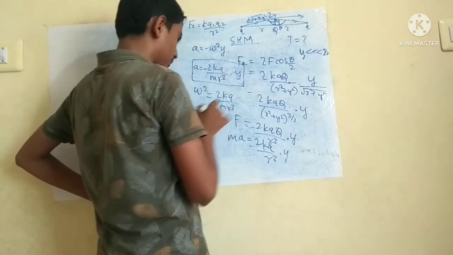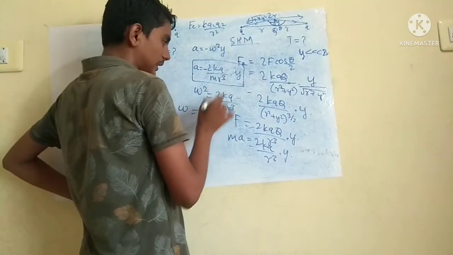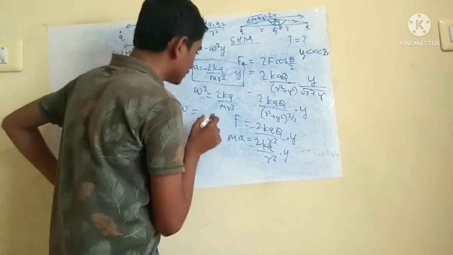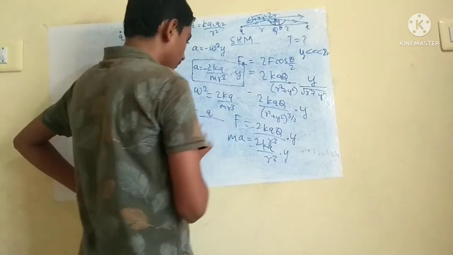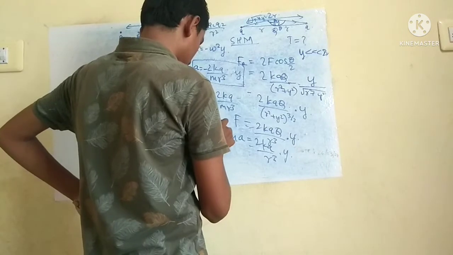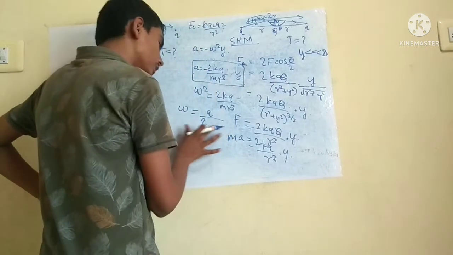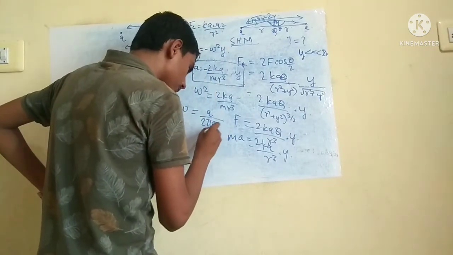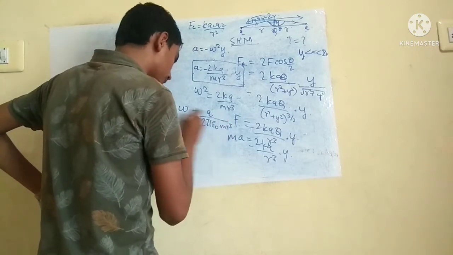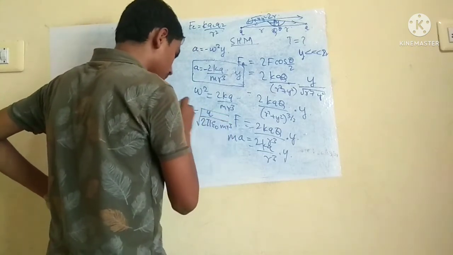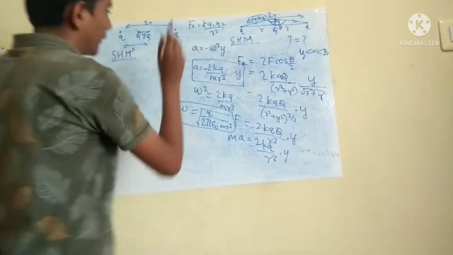If you simplify, if you write this as 1 by 4 pi epsilon naught, then you will get like this, q by 2 pi epsilon naught into m r cube. Okay, this will be here root. This will be omega.